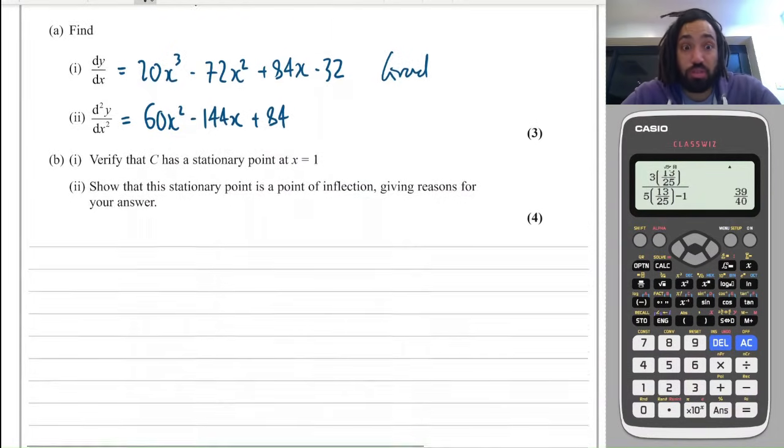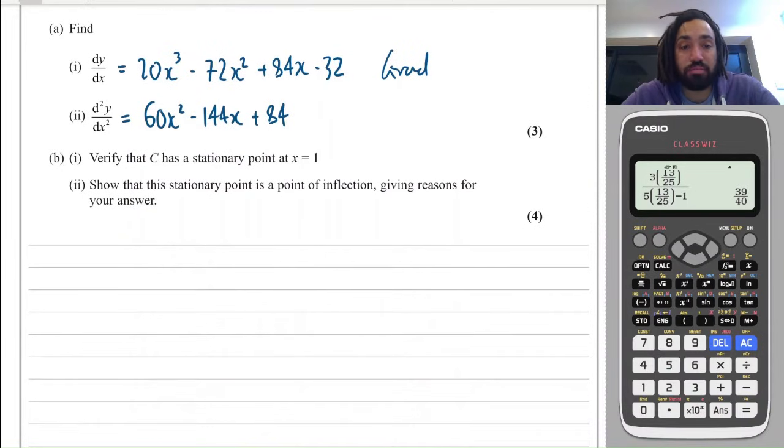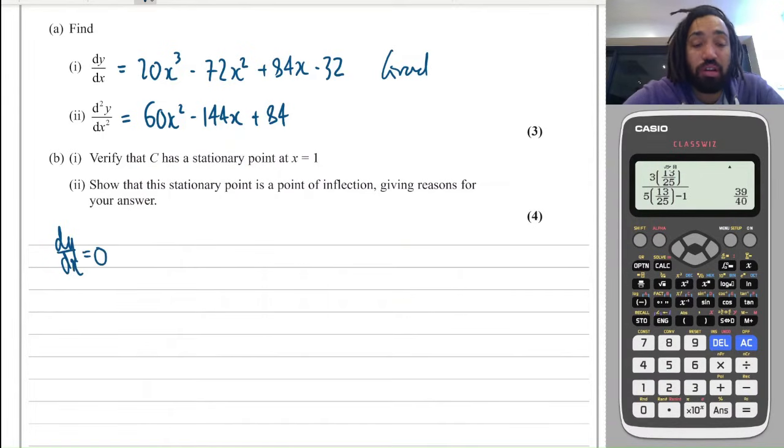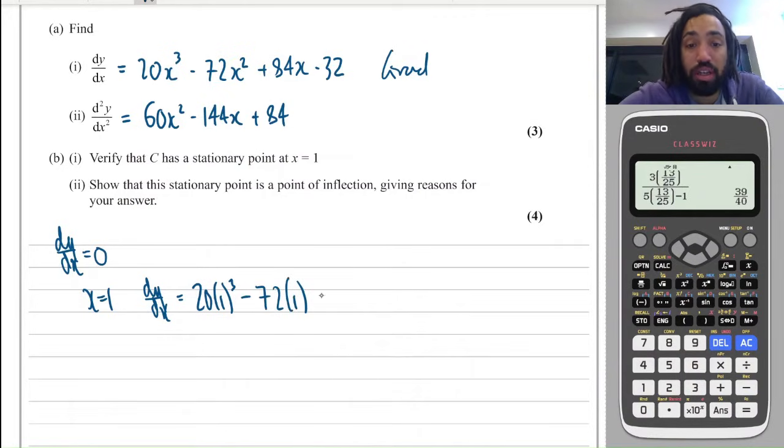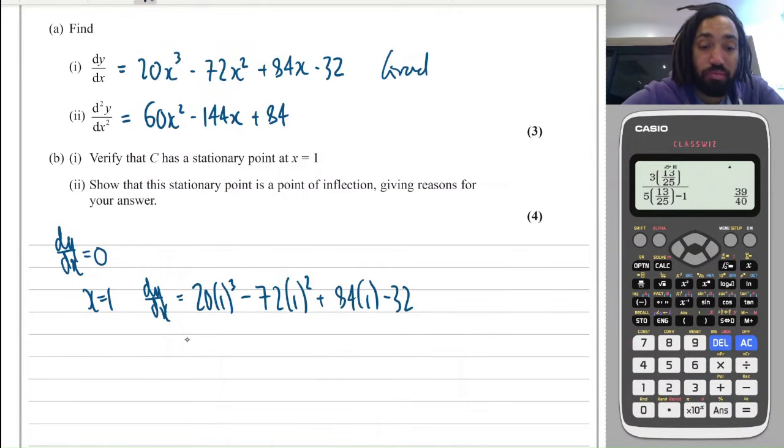Right, next we're asked to verify that there's a stationary point. Well, we know that stationary points happen when dy by dx equals 0. So let's check what dy by dx equals when x equals 1. Well, I will get 20 times 1 cubed minus 72 times 1 squared plus 84 times 1 minus 32.